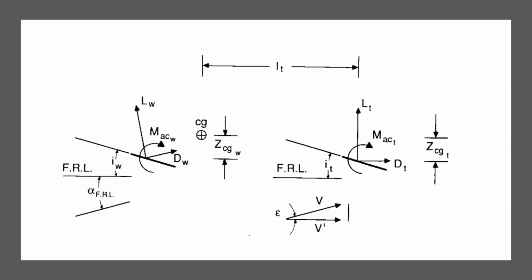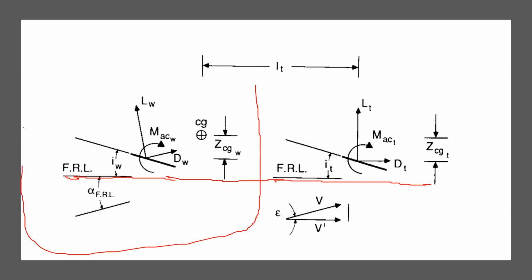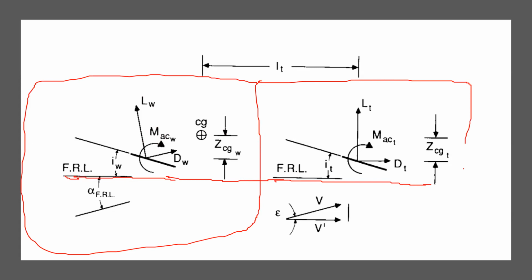But before that, just like earlier, I want to show you this picture. This line is again the fuselage reference line. So we will use this line again to decompose the forces from the wing and from the tail. For the wing, it was very clear because we were looking only at that half. Now we want to look at the remaining half.